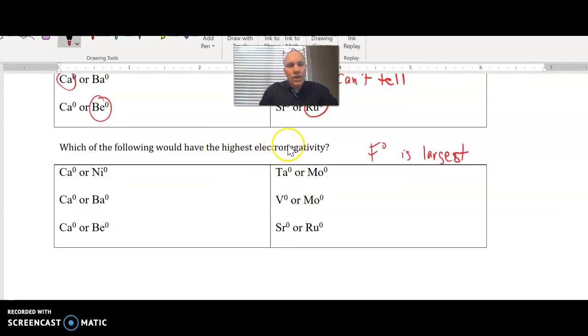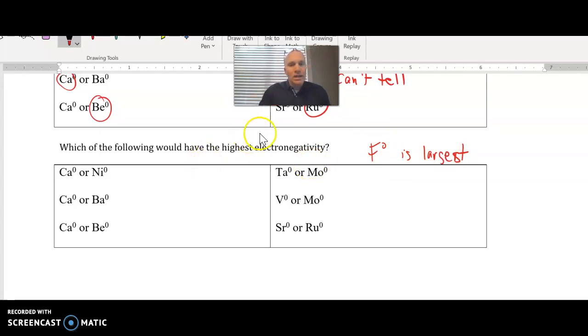And so this particular trend right here, electronegativity, this is actually going to be an important trend when we get to covalent bonding. All right, when we have to determine what are called polar bonds. All right, but for now, all you need to realize is that the electronegativity gets higher as you go up and to the right. All right, quick way to remember is that fluorine would be the largest on the periodic table.